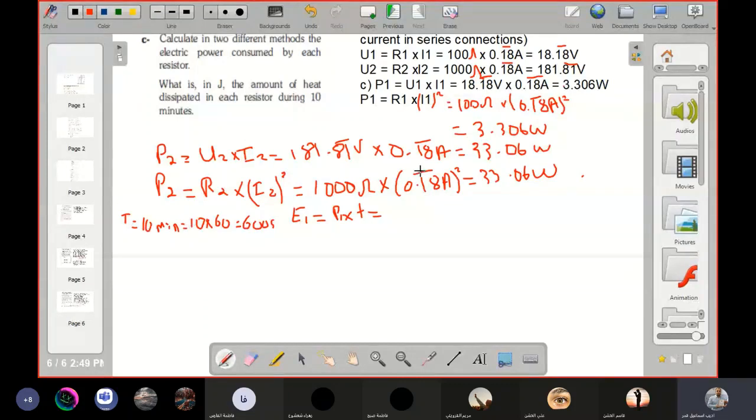P1 is 3.306 watts times 600 seconds. Give me the answer, please. And E2 equals P2 times T.